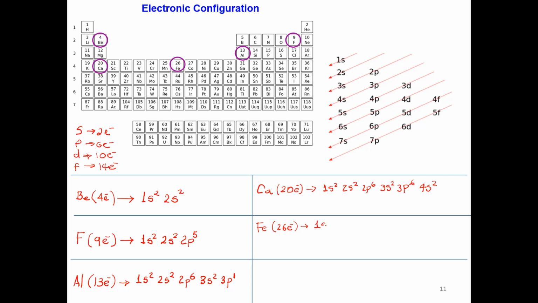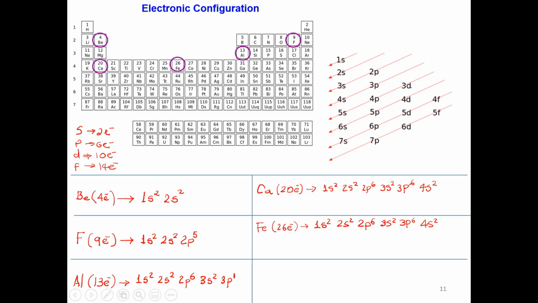Now let's write 1s2, 2s2, next 2p6, next 3s2, next 3p6, next 4s2, and let's count.